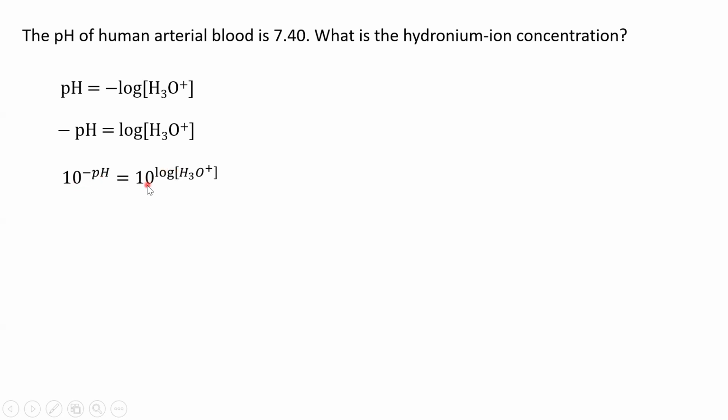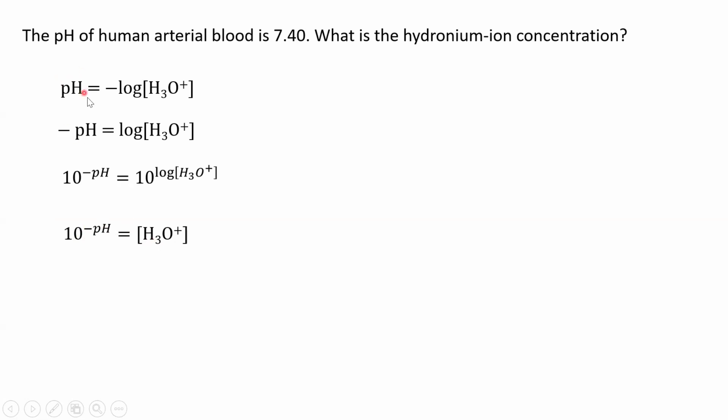We're just raising both sides to the 10 to the x power. And this equals our hydronium ion concentration. So if we're given the pH and we want to calculate the hydronium ion concentration, we would take 10 to the negative pH, and that would give us the hydronium ion.